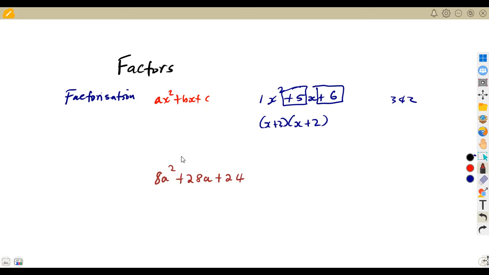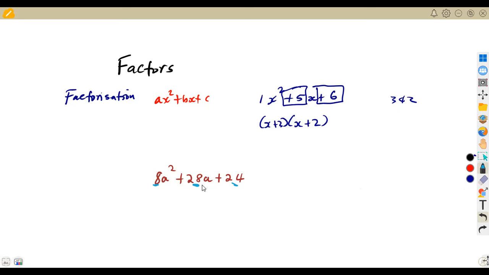remember the order is always to check if there's something common throughout. Then we have to factor out that common term. In this case, we are referring to any common term between 8, 28, and 24. We put the highest common factor there, which can be a 4.